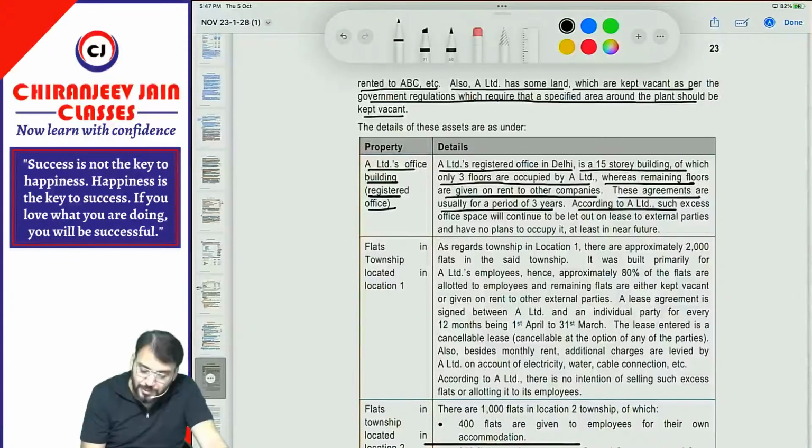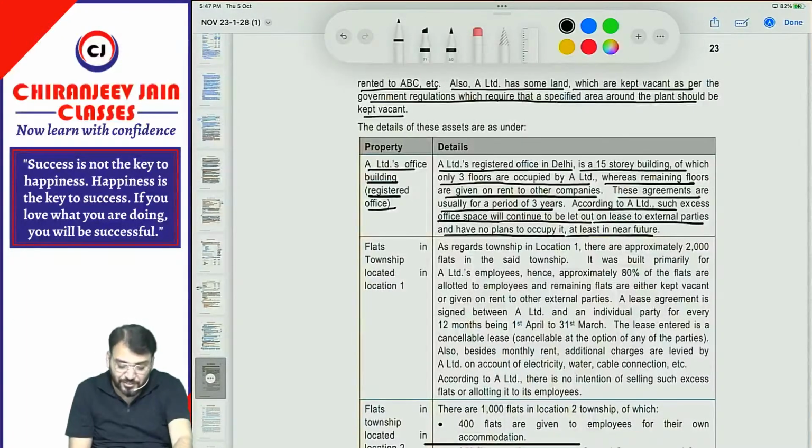According to A Limited, such excess office space will continue to be let out on lease to external parties and they have no plan to occupy it at least in the near future. So can you say this excess office space, whatever floors have not been used, will be classified as investment property?